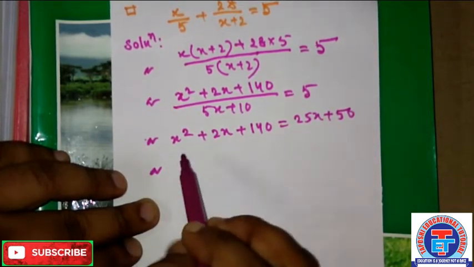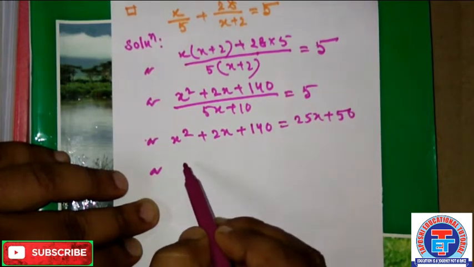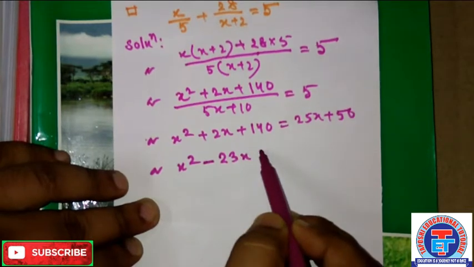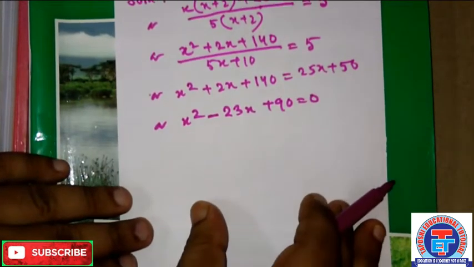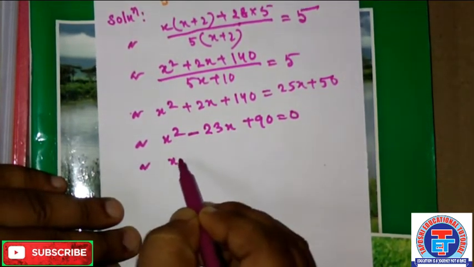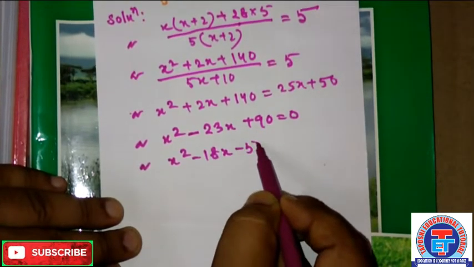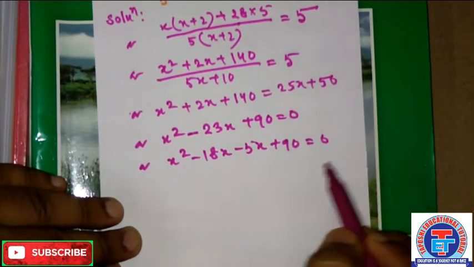Or we can write, after transposing, x square minus 23x plus 90 is equal to 0. Right. Now we solve this: x square minus 18x minus 5x plus 90 is equal to 0.